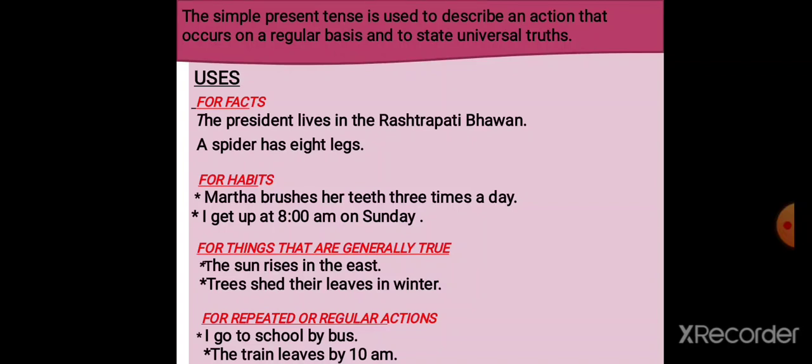So these are the habits. Then for things that are generally true, like the sun rises in the east, trees shed their leaves in winter. Then for repeated or regular actions, like I go to school by bus, the train leaves by 10 a.m.